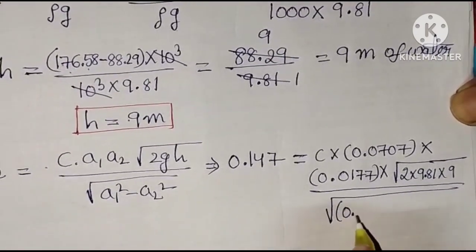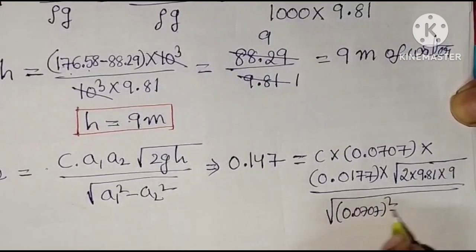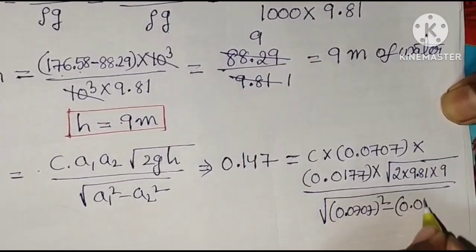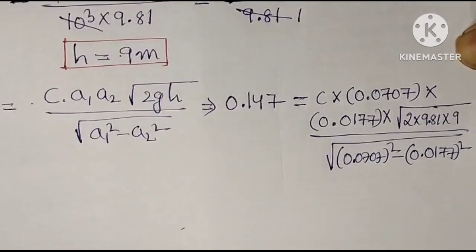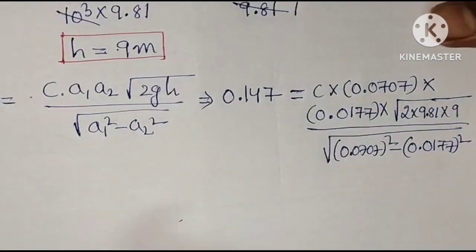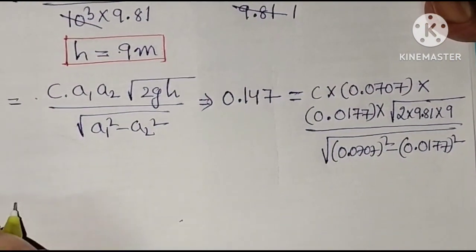A1 square means 0.0707 whole square, A2 square means 0.0177 whole square. We have so many calculations here, so let us simplify one after another.